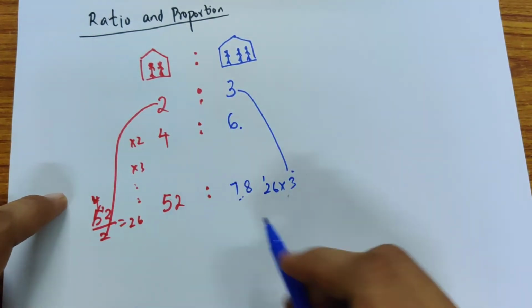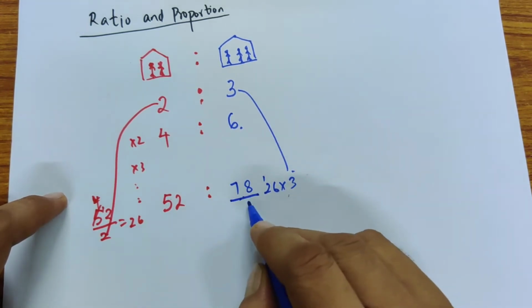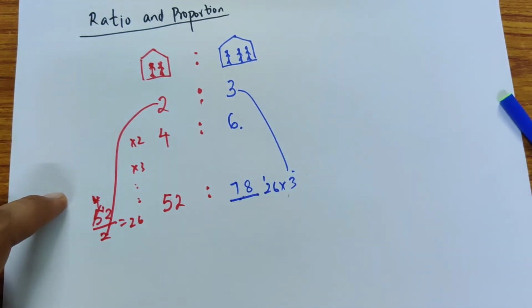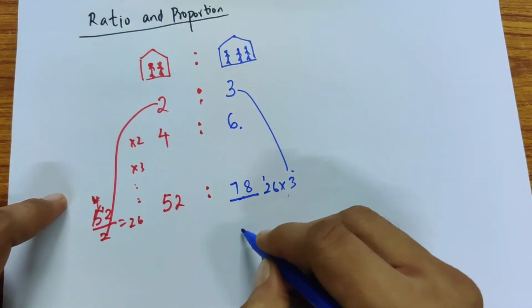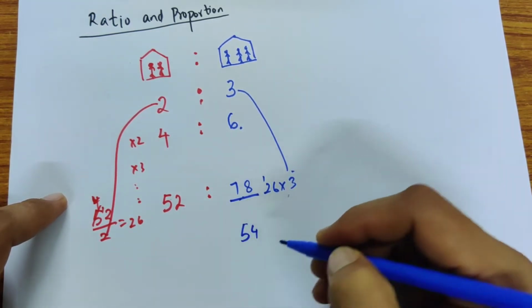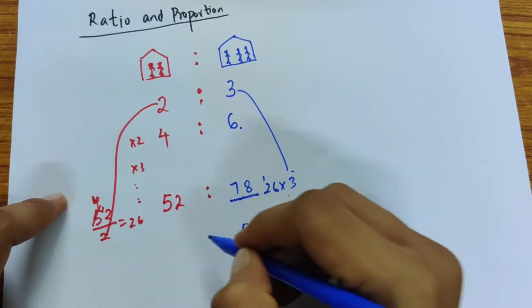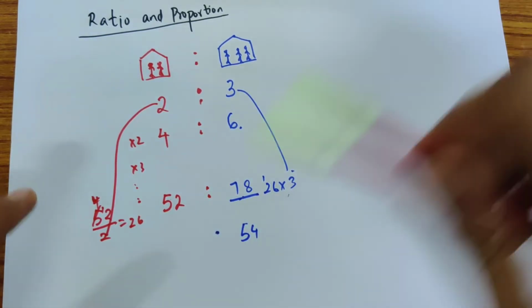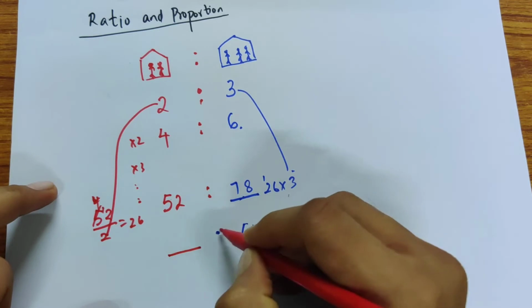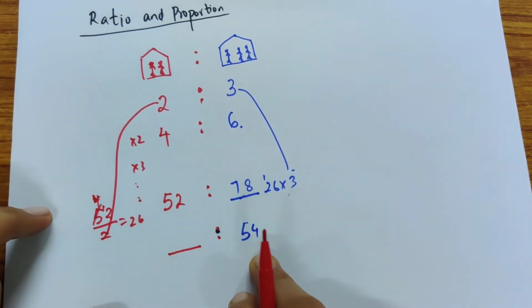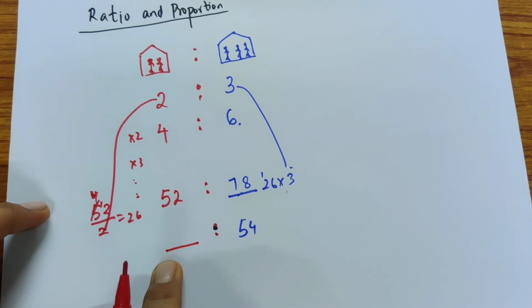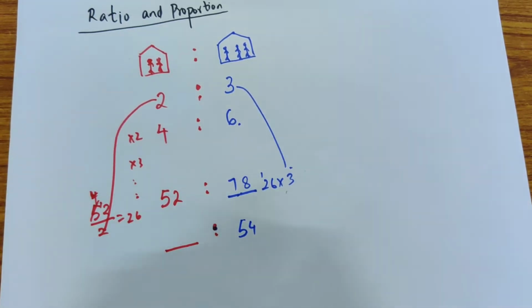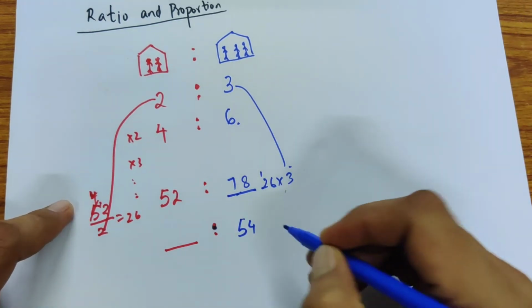So if you have a question like this, or somewhere where you have a result that is divisible by 3, let's say 54, right? And you say, okay, when 3 people had used 54 liters, how many liters would have been used by 2 people? In that case, you would first figure out the number of days.